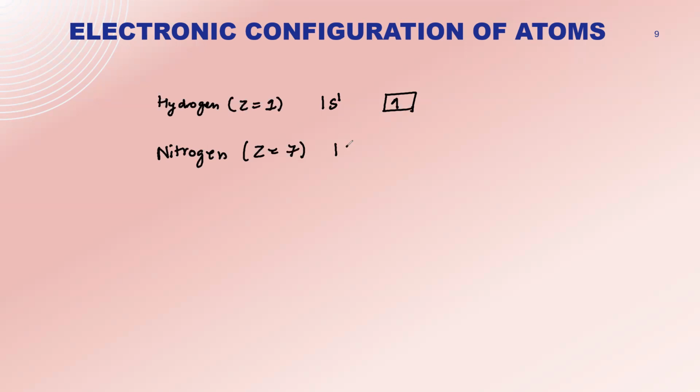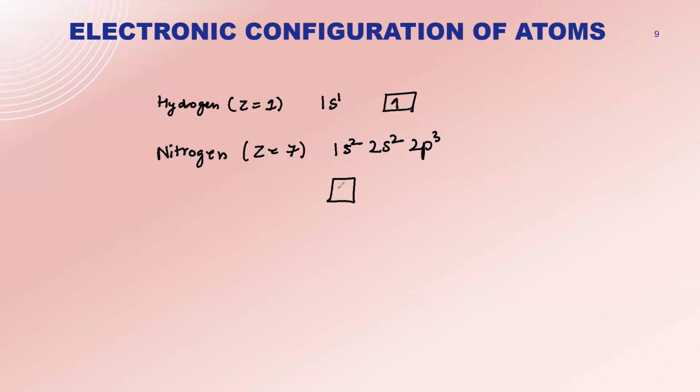First of all, 1s2. The 1s orbital, apply all the 3 rules. So 1s would be fully filled. Next, we have to move to the higher energy level, which would be 2s. So 2s also fully filled, 2s2, correct? And now we are left with 3 more electrons and we will put them in 2p3.